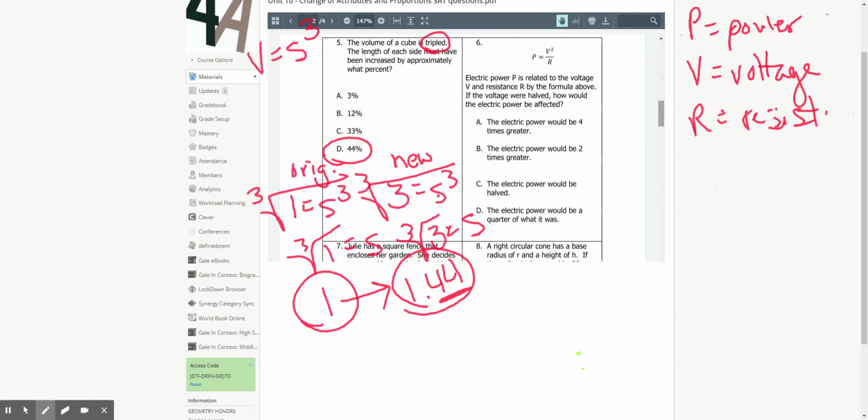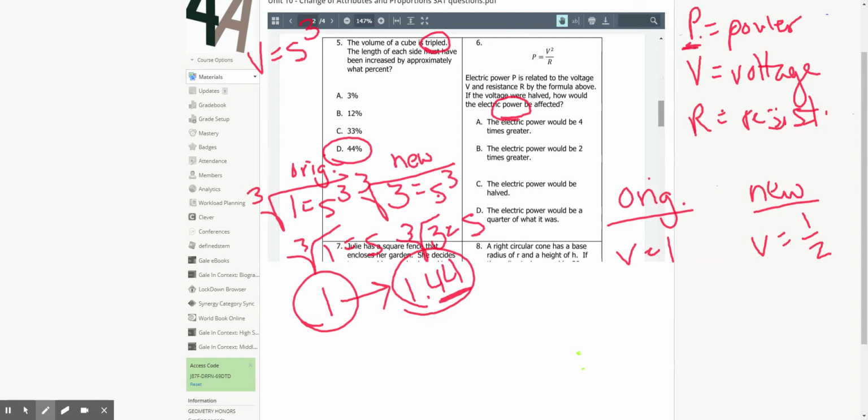If the voltage was halved, so if I have my original, and I have my new, if the voltage was halved, so V equals 1, and then over here, V equals 1/2. Voltages were halved, how would the electric power be affected?